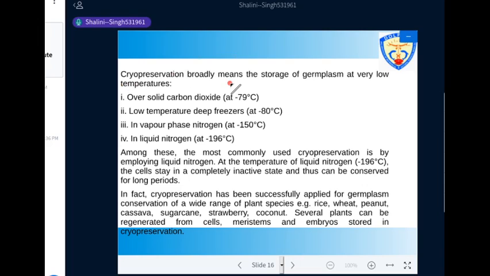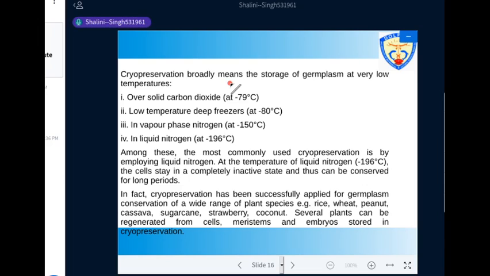Cryopreservation broadly means the storage of germplasm at very low temperature. It can be achieved first over solid carbon dioxide at minus 79 degrees centigrade. Then in low temperature deep freezers at around minus 80 degrees centigrade. In vapor phase nitrogen at minus 150 degrees centigrade and in liquid nitrogen at minus 196 degrees centigrade.